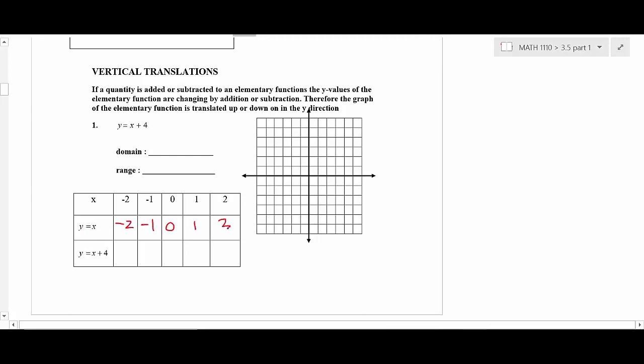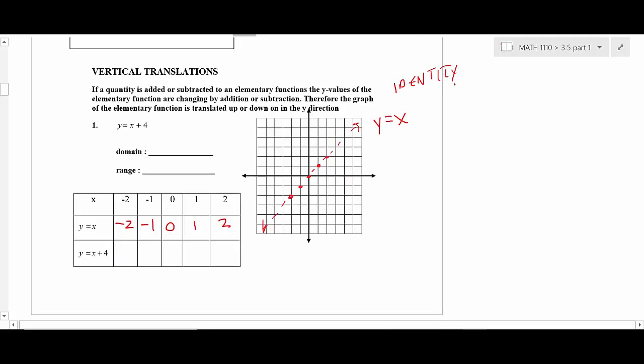So we go left 2, down 2, left 1, down 1, 0, 0, 1, 1, 2, 2, and you want to plot all those and label those. So that is your elementary function y equals x. We call that the identity function. We talked about that last week when we were going over 3, 4.